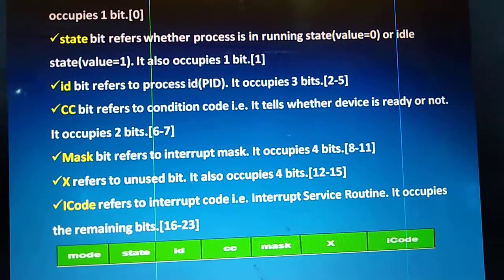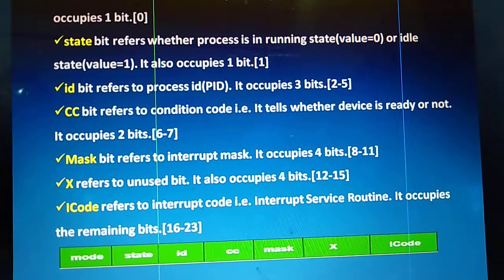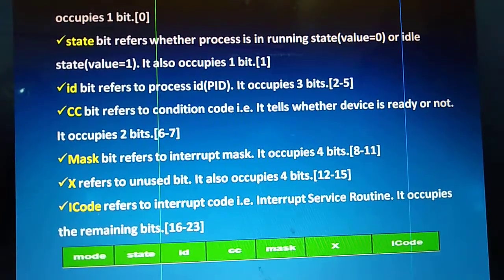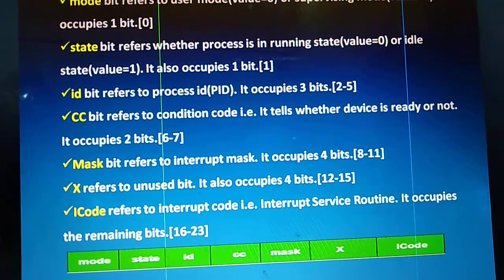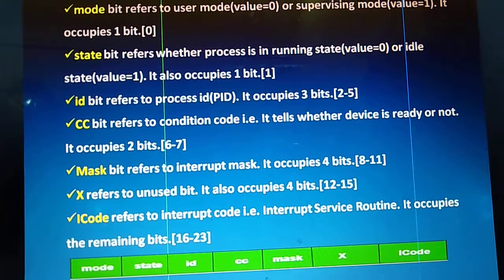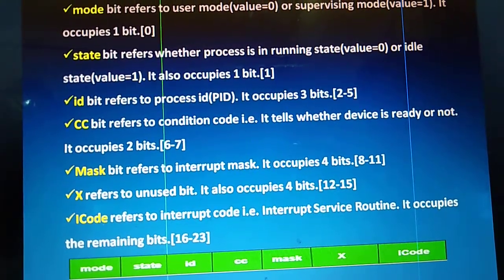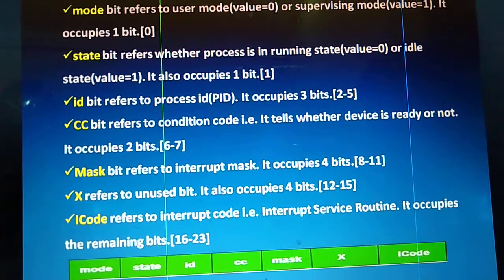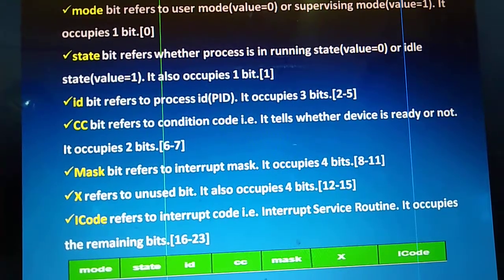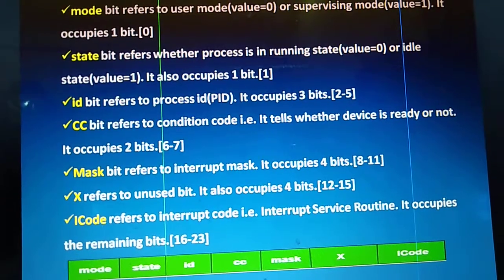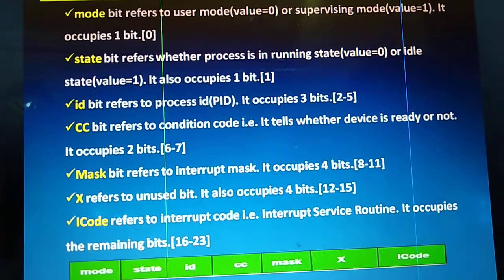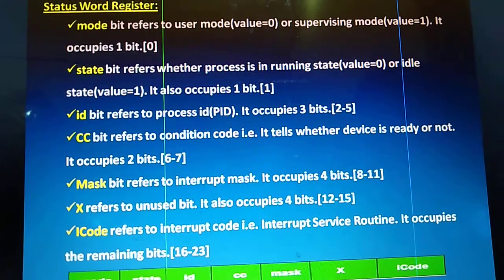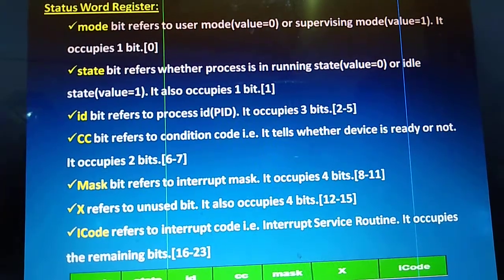Now, the status word register: mode, state, ID, CC, mask, X, I code. These are the different fields within the status word register, and I have tried to represent one small tabular diagram here. The mode bit refers to user mode, where the value is 0, or supervisor mode, where the value is 1.